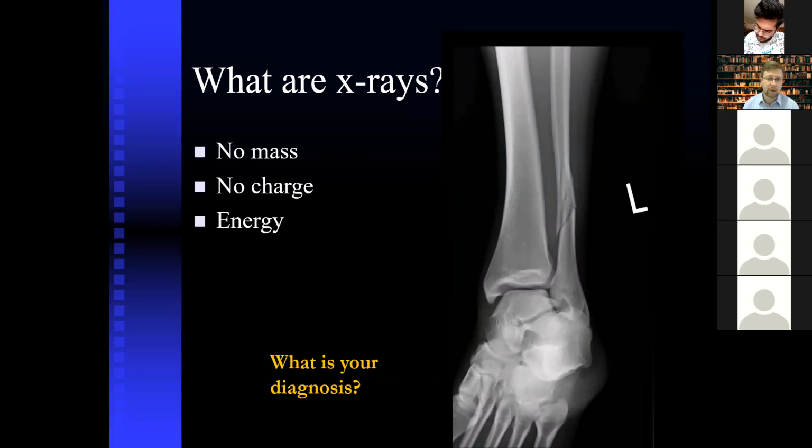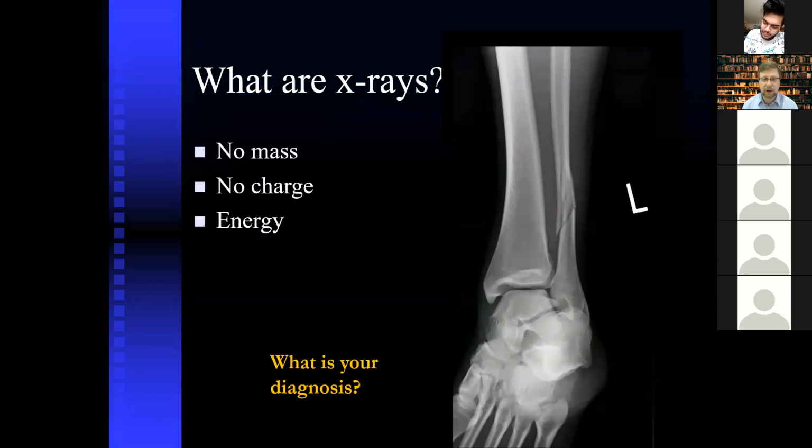When we talk about plain X-ray imaging, we know that we use X-ray waves. They have their physical properties: they have no mass, no charge, they have high energy, and plain X-ray imaging gives us a lot of anatomical information.